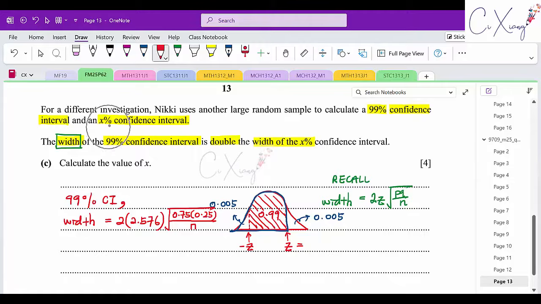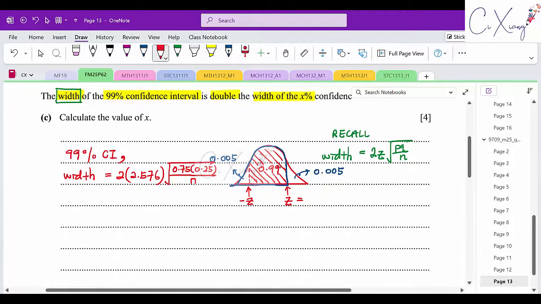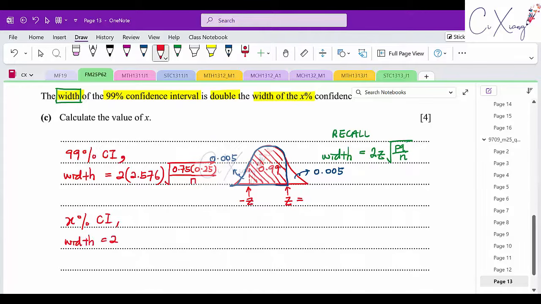Okay, then now we are looking for the X percent confidence interval. So for the X percent confidence interval, the width is what? It will be 2 times the Z. So for this value of the Z, we actually need the confidence level so that I can draw and see where my Z is. But for this question, X percent, I actually don't know what the confidence level is.